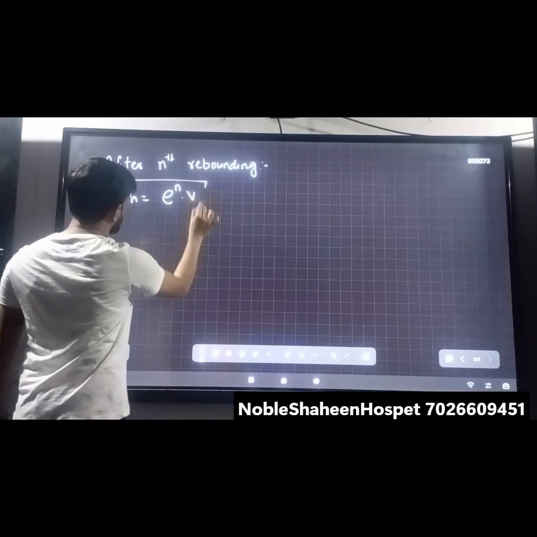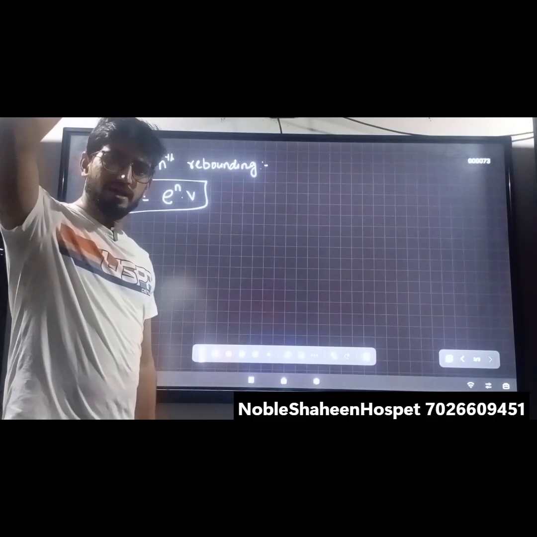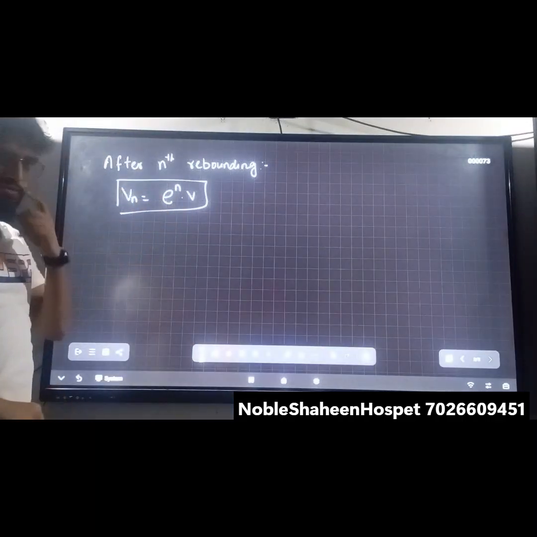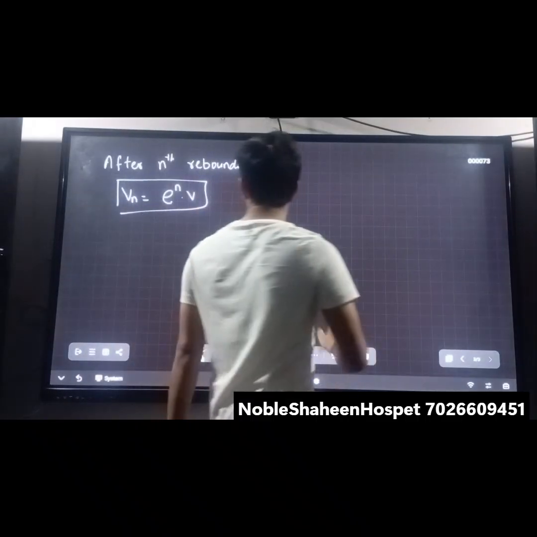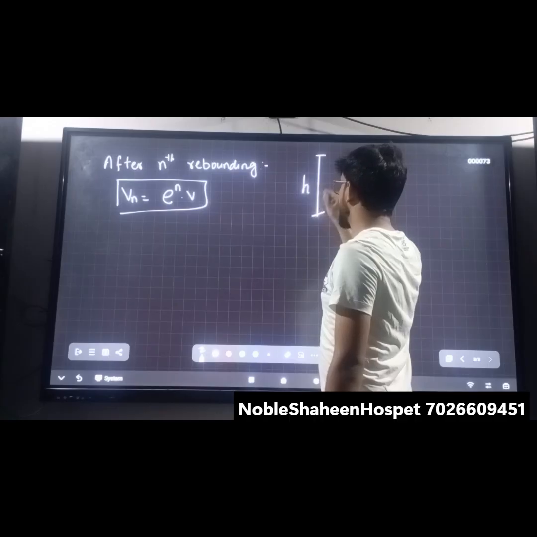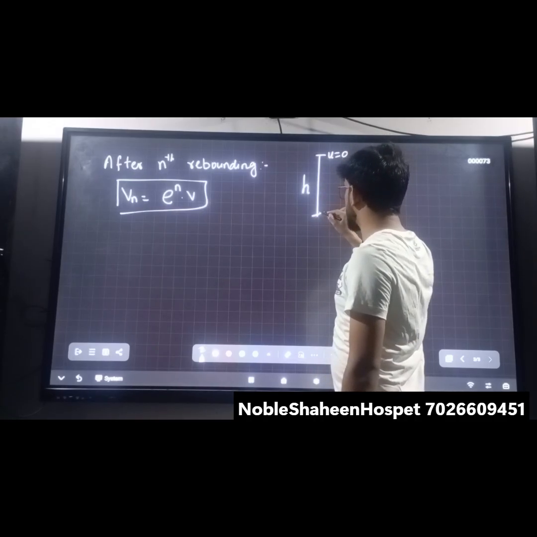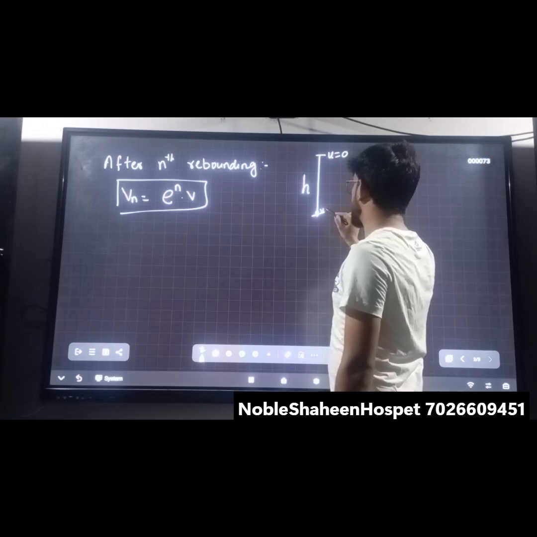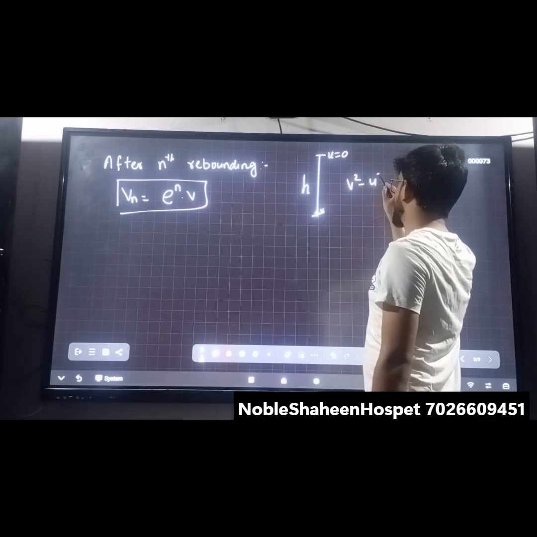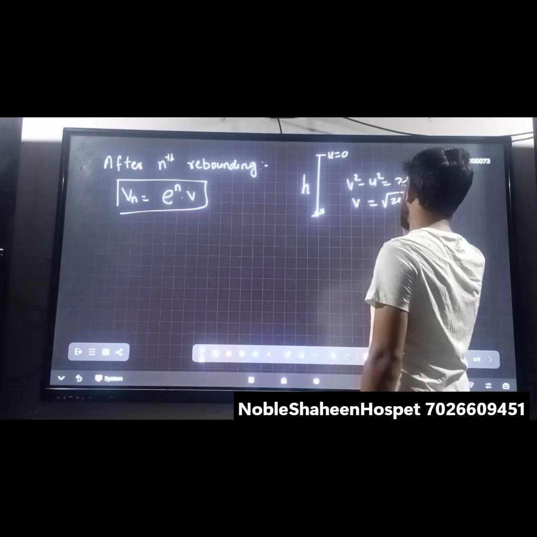Here v is the velocity during the first collision, when the ball comes from the height and is just going to touch the ground. We can also calculate v in terms of h. Suppose the initial height is h, and u is equal to 0, and the ball is just going to touch the ground with velocity v. Then v square minus u square is equal to 2gh, so v is equal to the square root of 2gh.